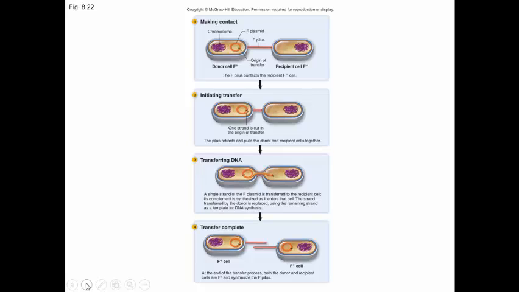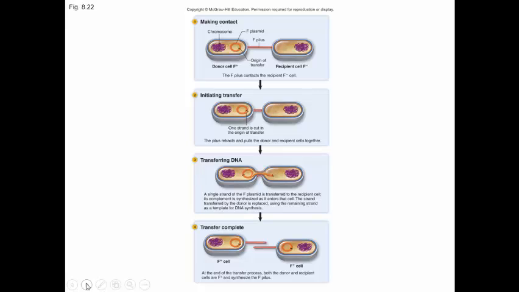The F plasmid, well, we've got to talk about that a little bit more. The presence of the F plasmid can allow other plasmids to copy and send a copy of their DNA to the recipient. This is as long as the donor cell has an F plasmid, okay? So think about it this way. The F plasmid is an initial infection, and basically it allows a larger transfer of DNA and the traits that are coded on that DNA to the other bacteria.